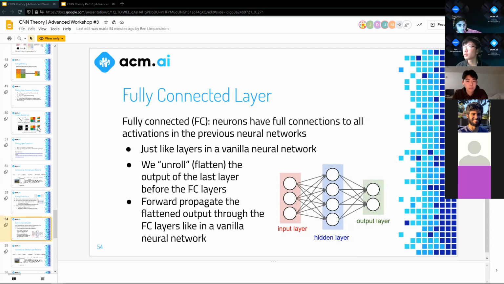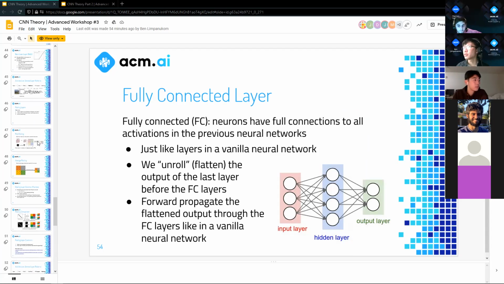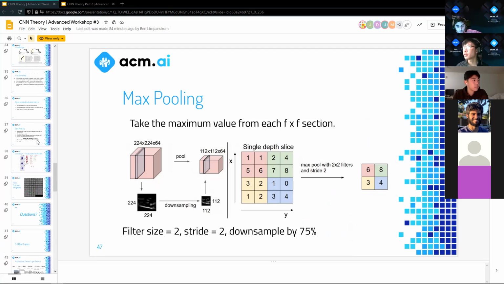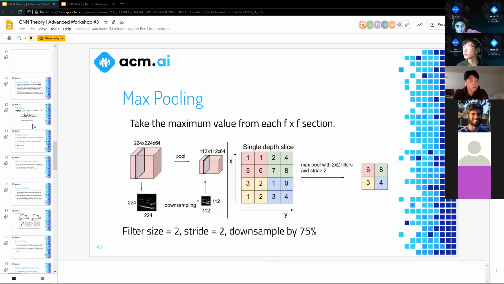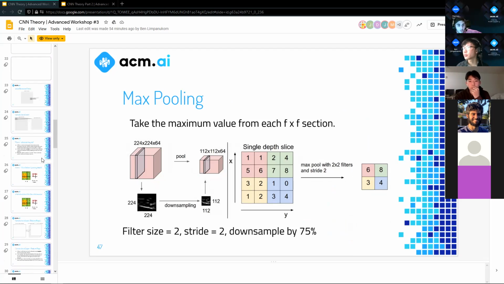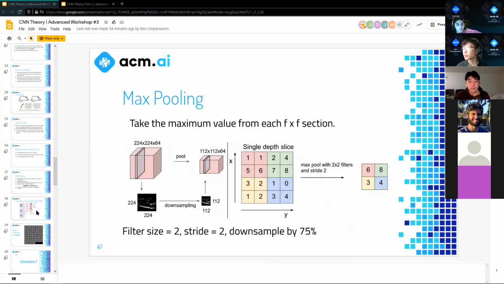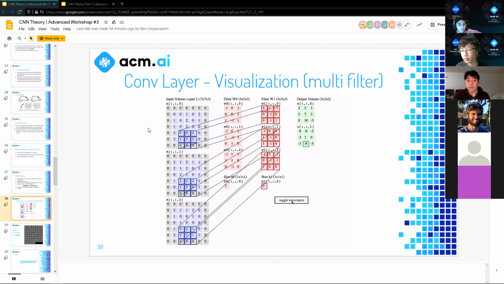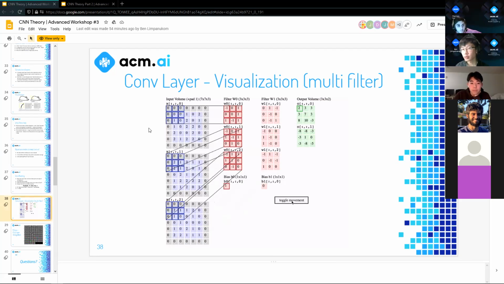So I want to go back to the diagram where the numbers of each filter matrix are the weights. Yeah, that's correct. So those are the learned parameters, right? Yes.